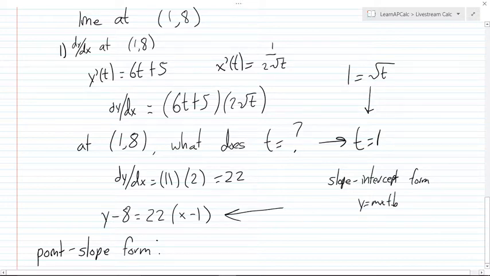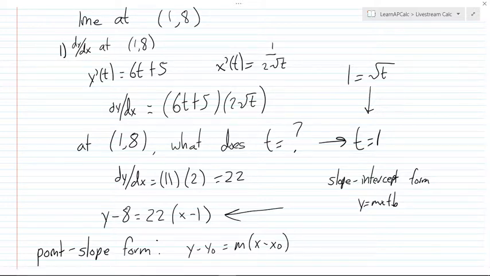Well, point-slope form is this same equation, but it's written a little differently. y minus y naught equals m times (x minus x naught). And y naught and x naught are just any x, y coordinate on our function.